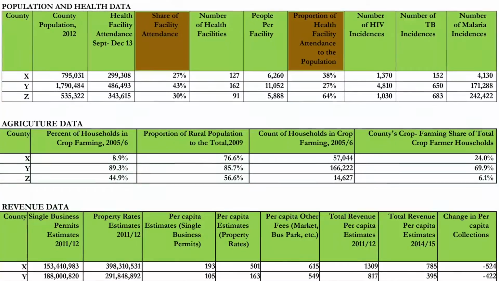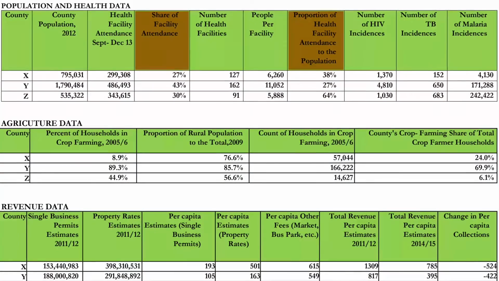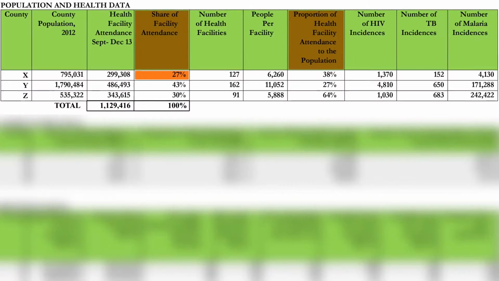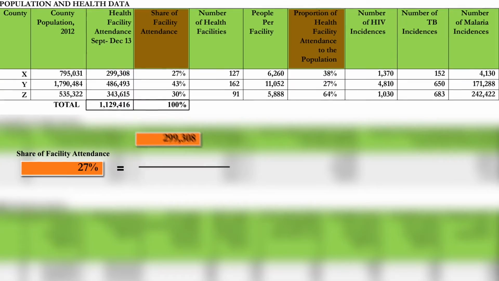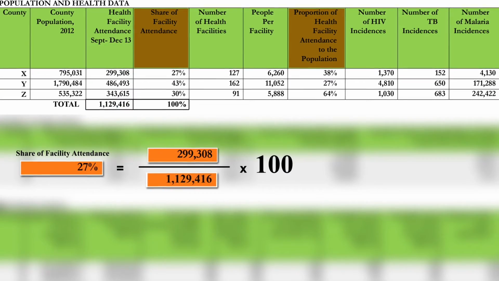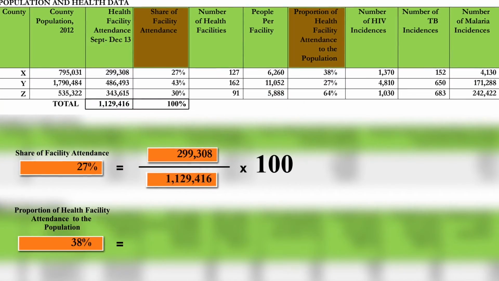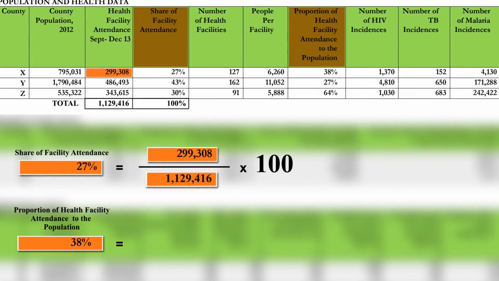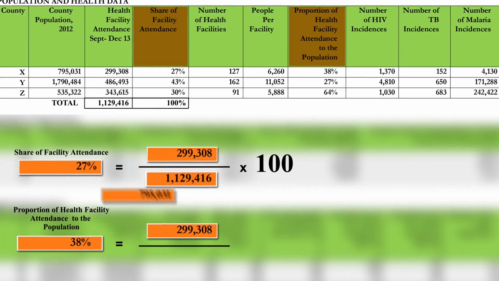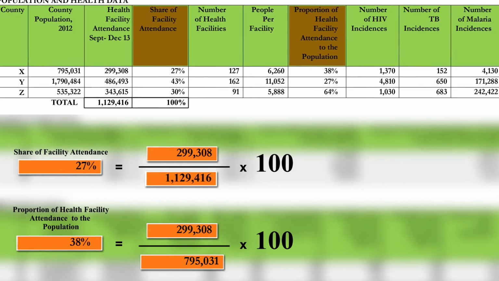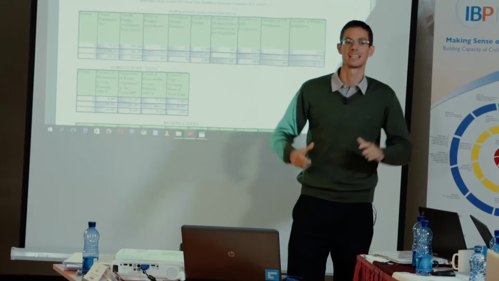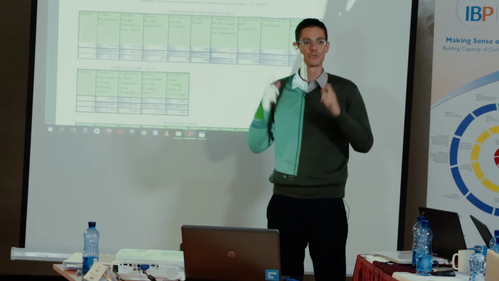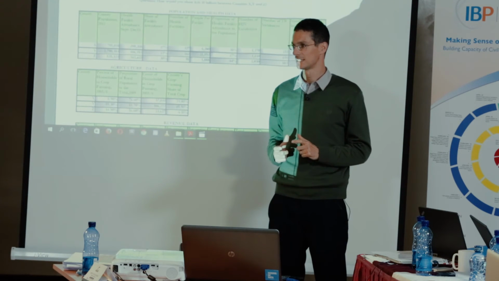There are some groups that had a problem understanding share of facility attendance and proportion of health facility attendance to the population. The driver of cost is the number of people who use the service, okay?